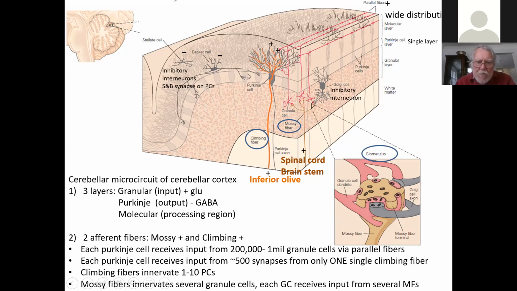And then each Purkinje cell receives input from a number of 500 synapses from an average climbing fiber. And any given climbing fiber innervates anywhere from 1 to 10 Purkinje cells. And then Mossy fibers innervate several granule cells, and each granule cell receives input from several Mossy fibers.